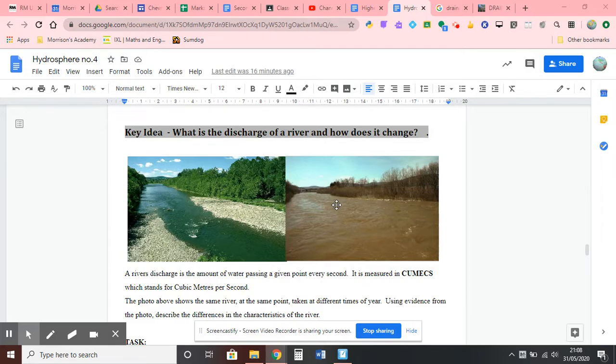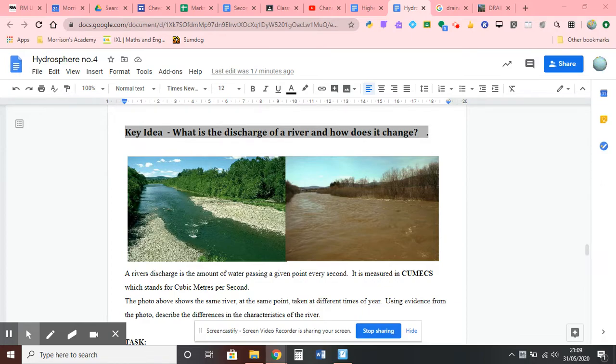Discharge is the water flowing past a point per second. It was as much the fact that it has rained, which it has done in this right-hand photograph, but also to do with the landscape, that there are characteristics of the surrounding drainage basin that influence how much water gets to the river and how fast.